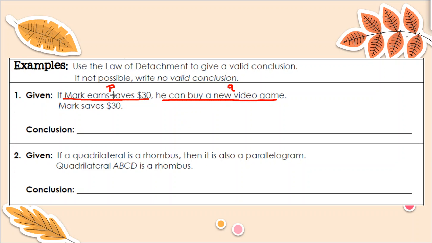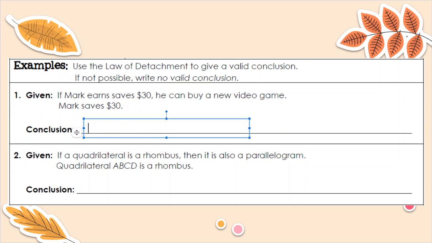It says earn, saves, I'm going to assume that means the same thing. Since he saved $30, since we have been given P, then our conclusion is therefore Q. Okay, which we might want to write out: he can buy a new video game.